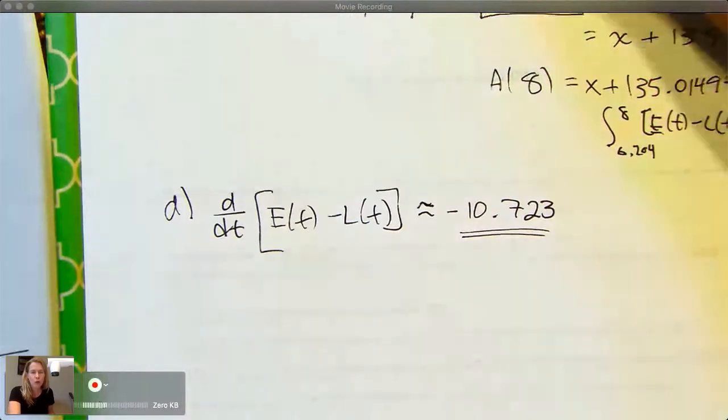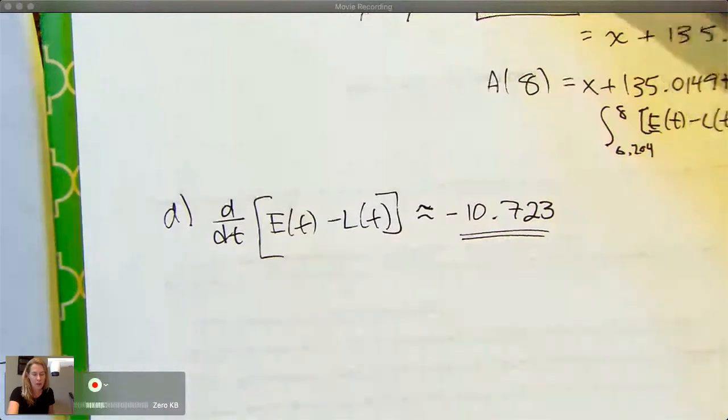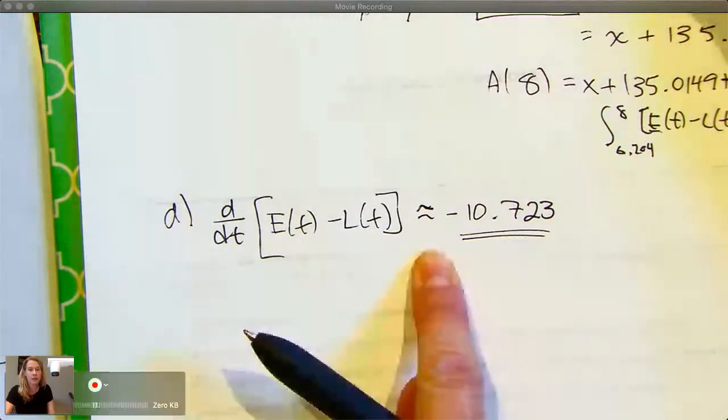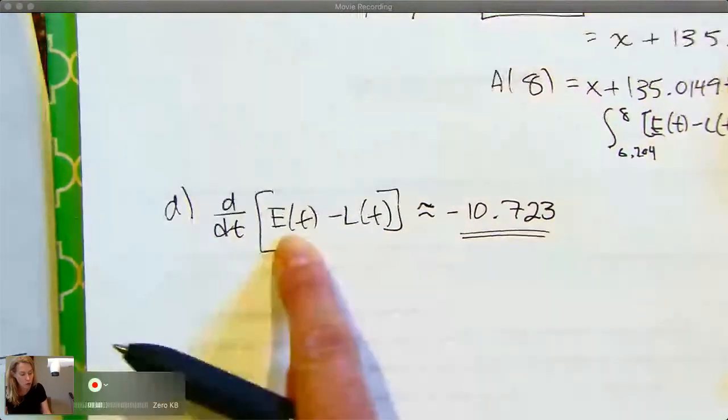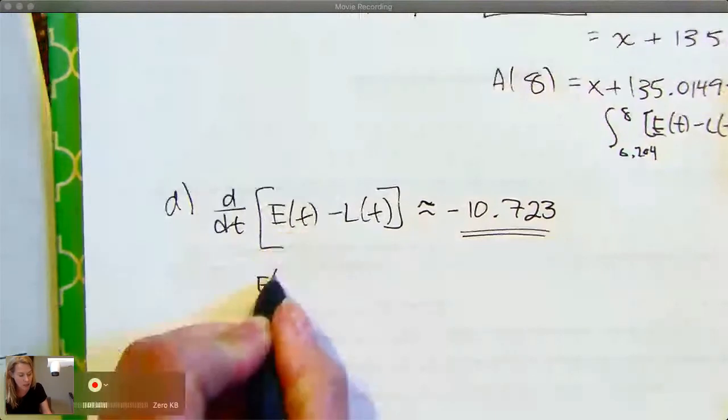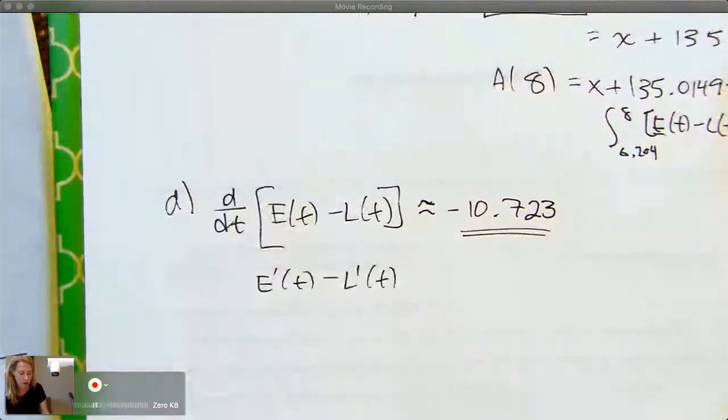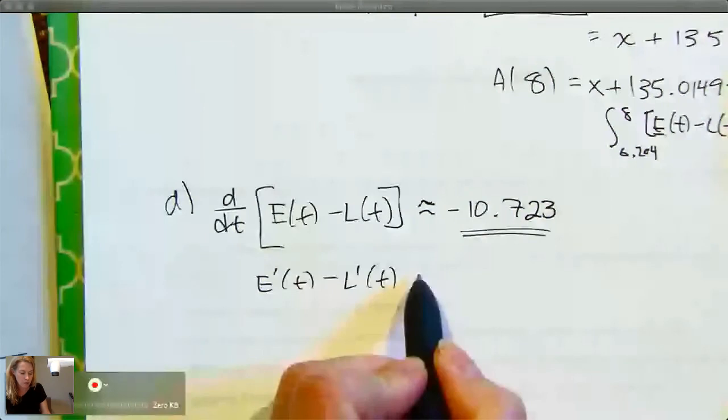I'm looking at the rubric real quick on problem number 1 and just verifying that, yeah, because the derivative of those rates is less than 0, the rate of change of the number of fish is decreasing. That's all they needed to show, was showing this line that you're taking the derivative, or you could say E prime of t minus L prime of t. It's another way of saying the same thing, equals this, which is less than 0.